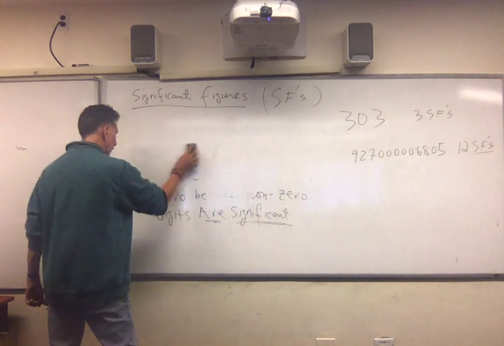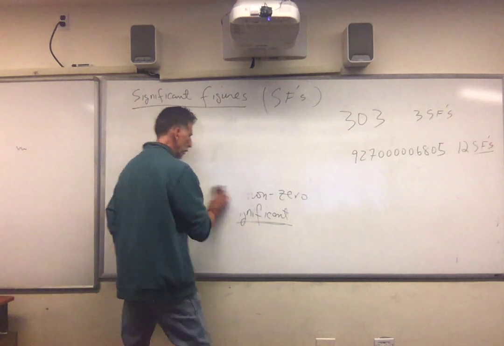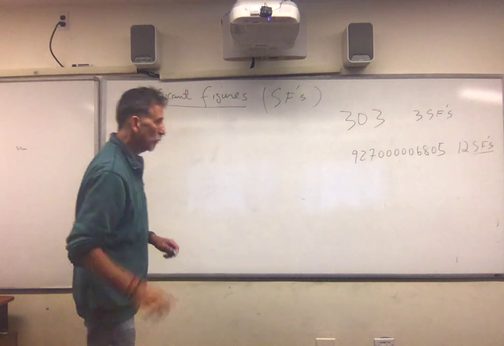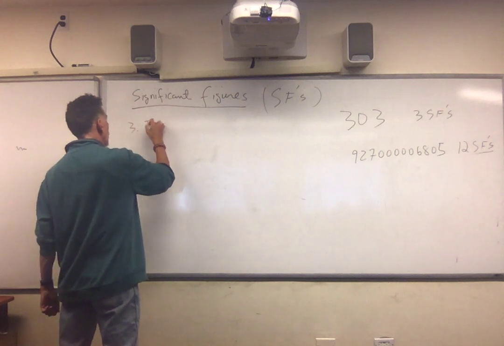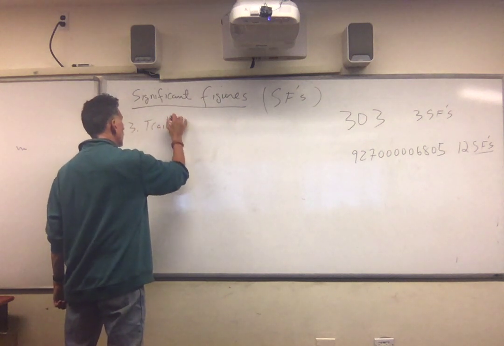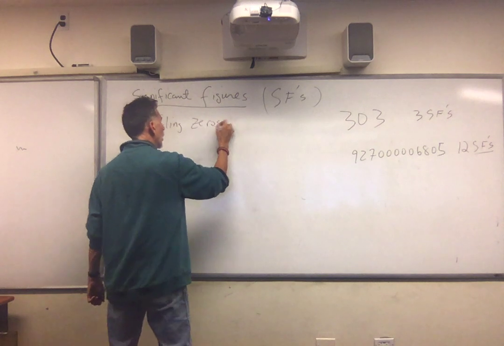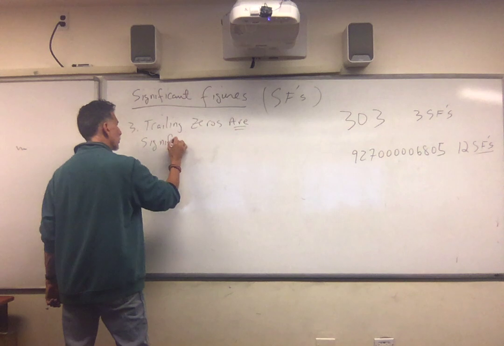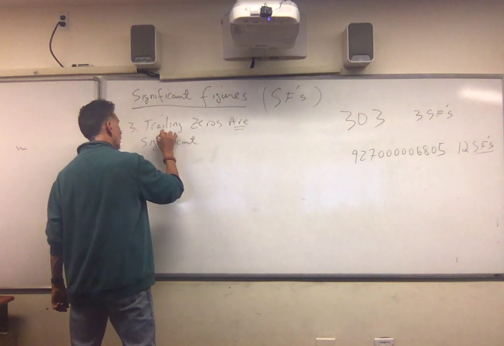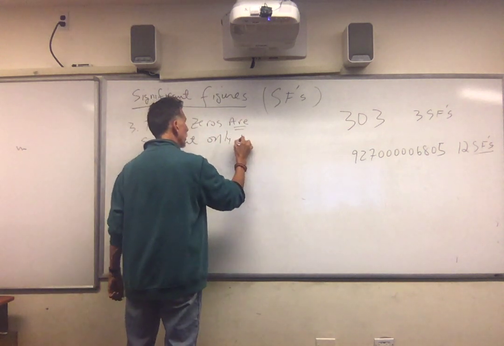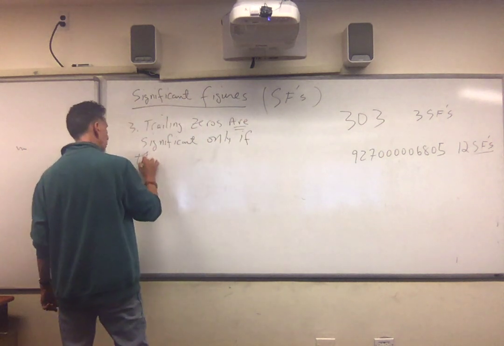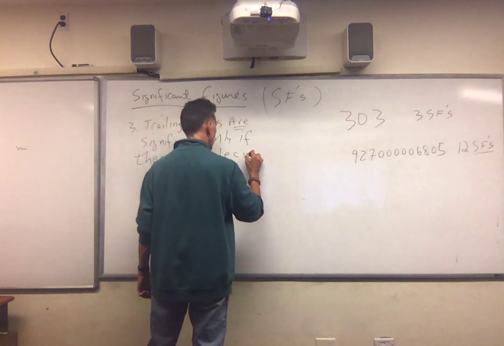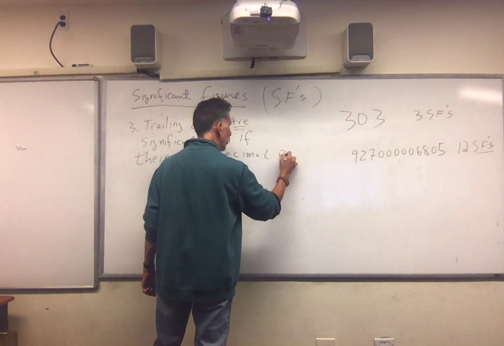These are called trailing zeros. Sometimes a little tricky, but not too bad. Trailing zeros are significant only if there is a decimal point, okay?